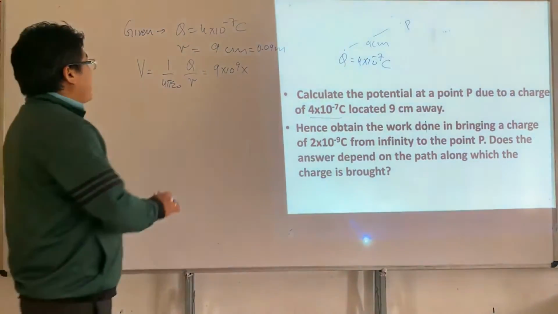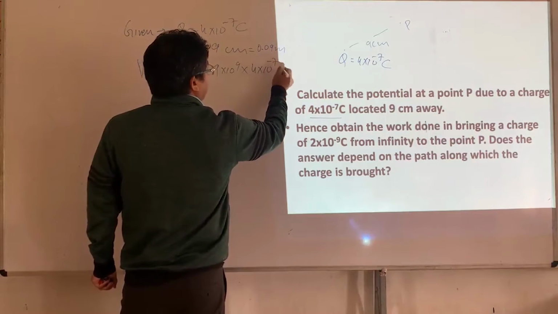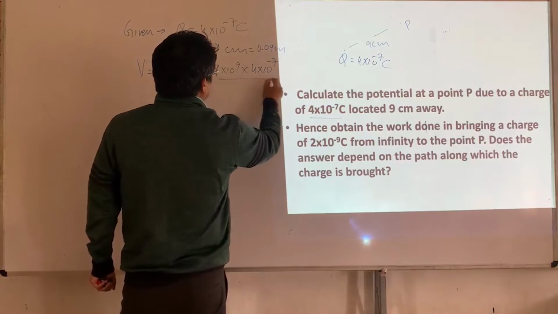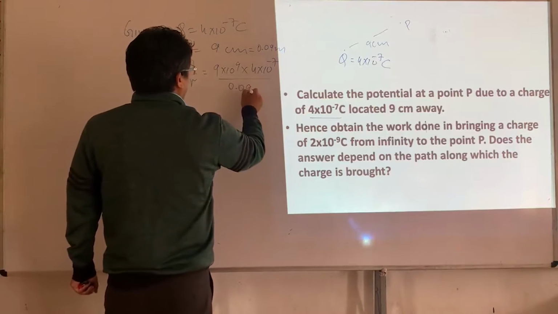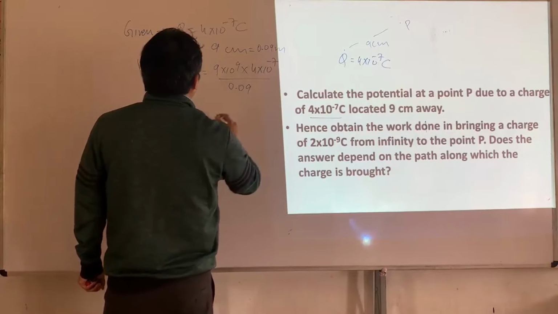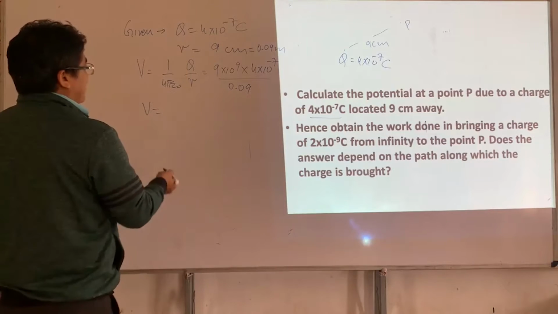All right. What about Q? Q is 4 into 10 to the power minus 7 coulomb, divided by the distance, 0.09 meter, right? So I say 0.09 meter is about 0.1. All right.